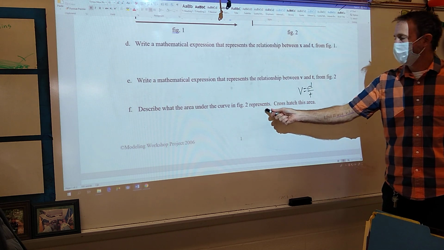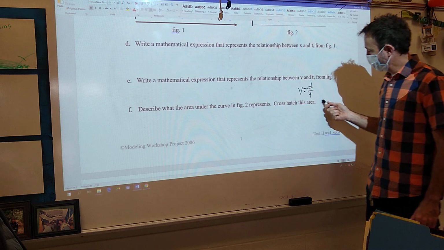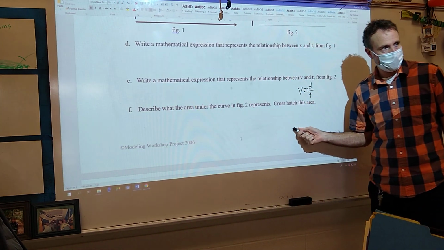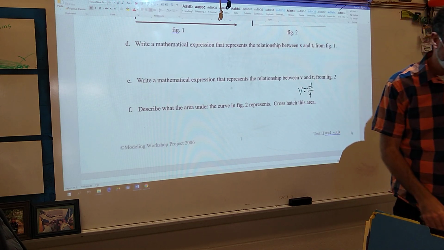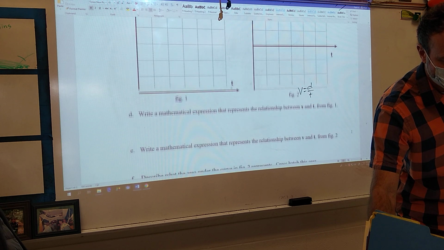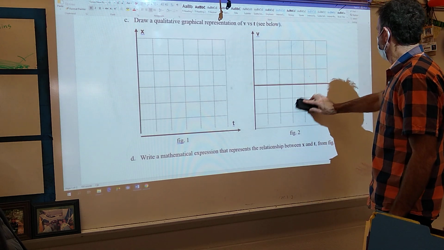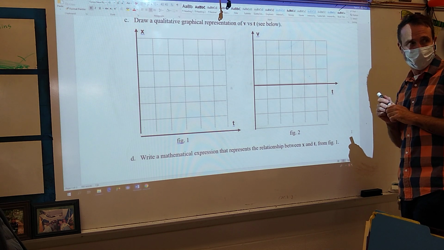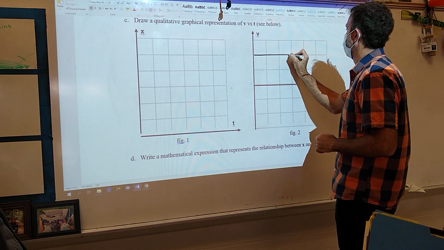Describe what the area under the curve represents. And this is a topic I haven't covered yet, but it's really easy. Ready? If we go up here and we do our original problem, the car that's going at a constant velocity.